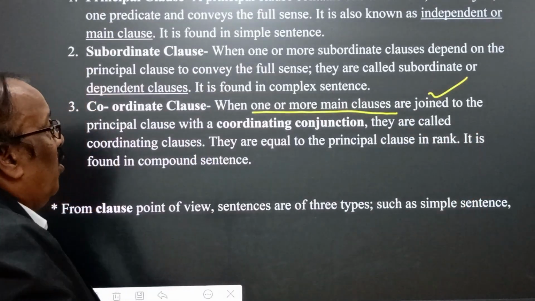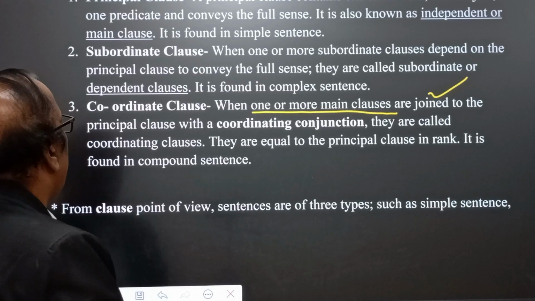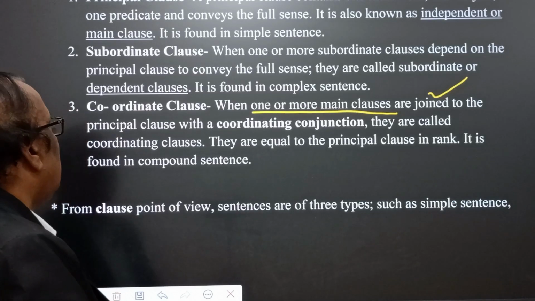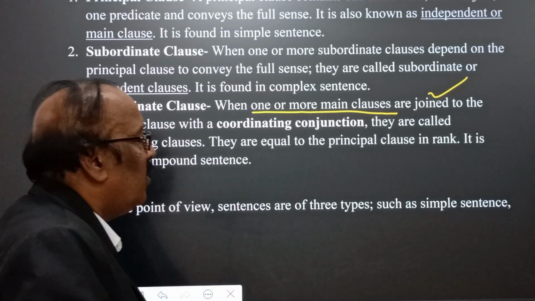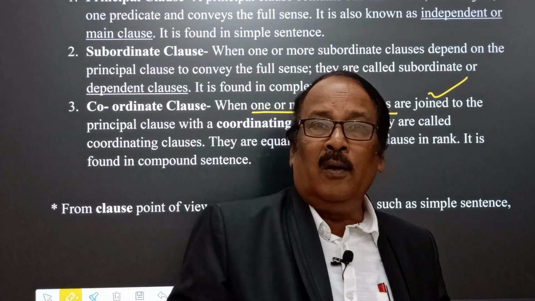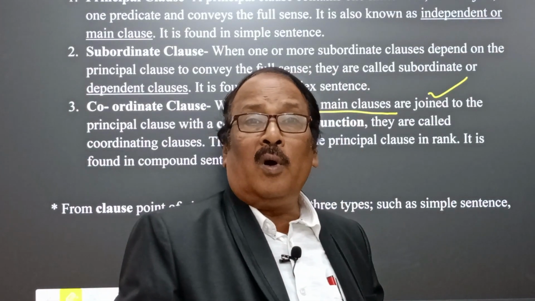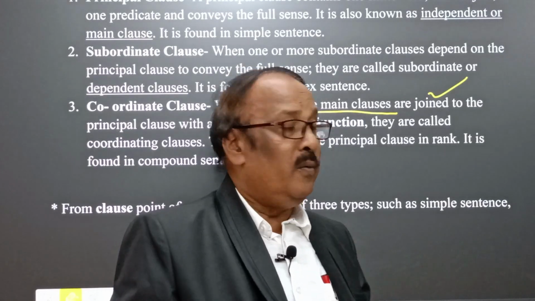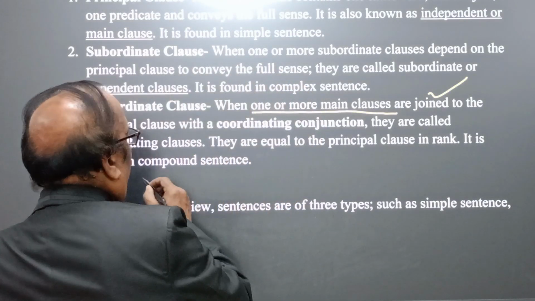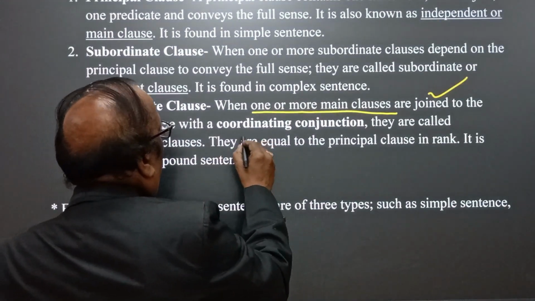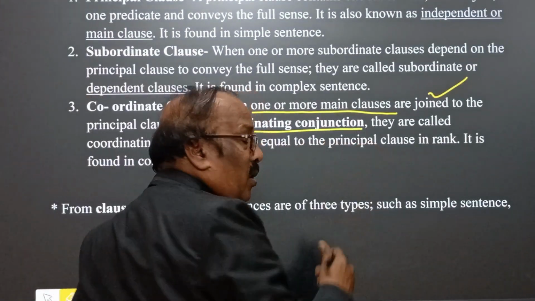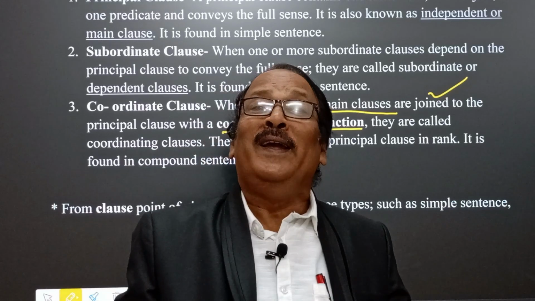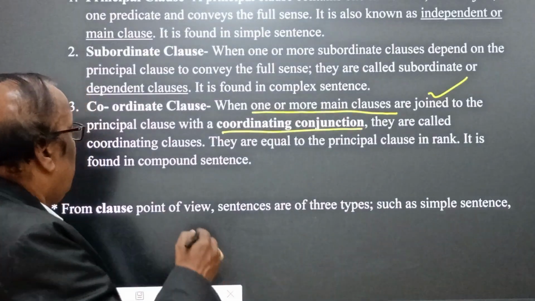Whenever one or more main clauses are joined to the principal clause with a coordinating conjunction, definitely, whenever two or more independent clauses are connected with the help of what? That is what we call a coordinating conjunction, or a coordinator, or in other words, a linker of the compound sentence.